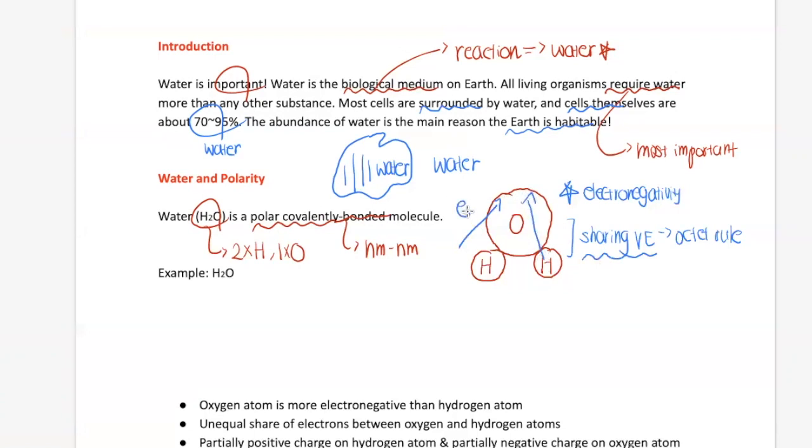So we have a net pull of electrons to the oxygen. This means that the cloud of electrons is denser on the oxygen part of H2O, so the oxygen part is partially negative, and oppositely, the hydrogen end will be partially positive.